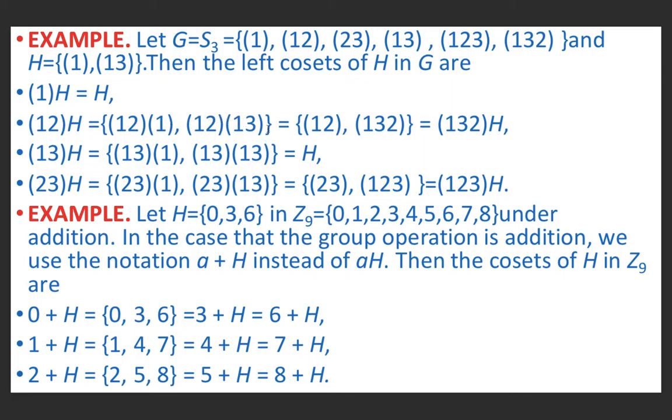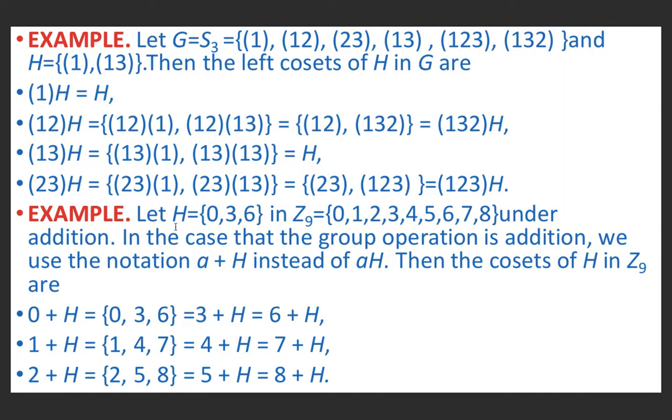So applying the given composition we get {(1 2), (1 3 2)}. (1 3) into H is {(1 3) into 1, (1 3) into (1 3)}. So applying this composition, the resulting set is H, which is {1, (1 3)}. (2 3) into H is {(2 3) into 1, (2 3) into (1 3)}, which comes out to be {(2 3), (1 2 3)}.